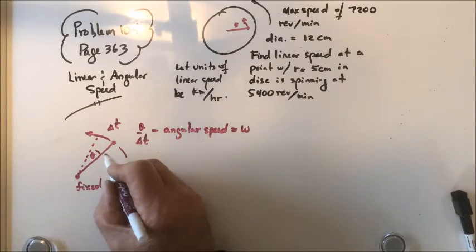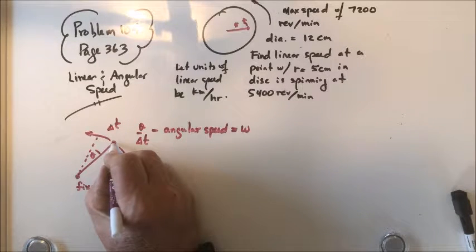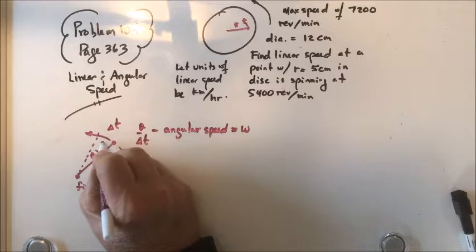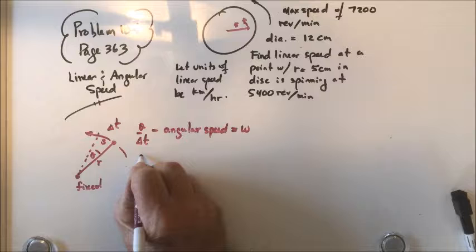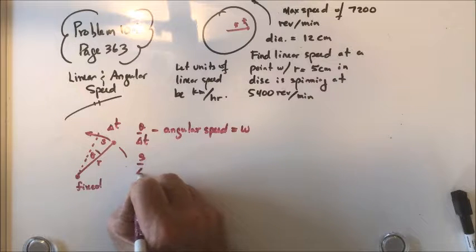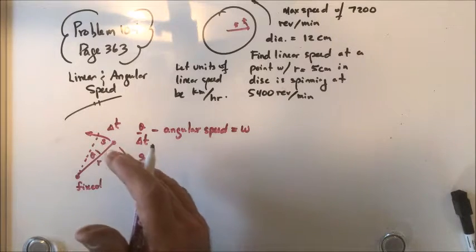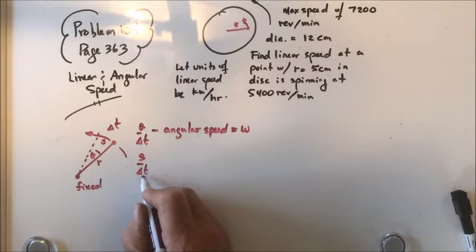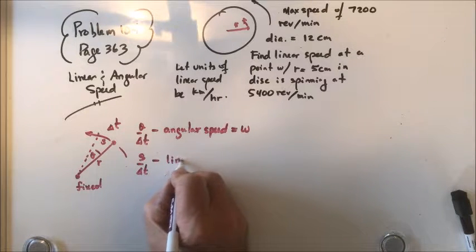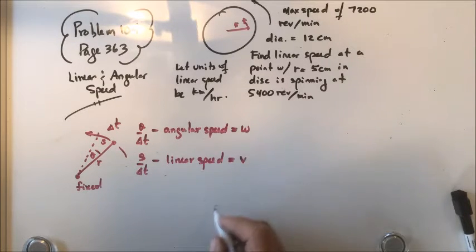So at the same time that this ball is swinging through a central angle of theta, it's also traveling a distance s. And if this radius is r, then s divided by t is the length that this ball travels along the circular arc in a time t. That's the linear speed, and we generally give the symbol v to that.